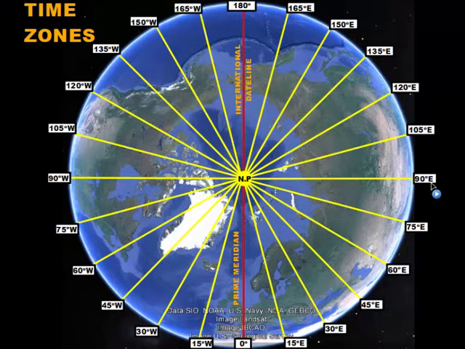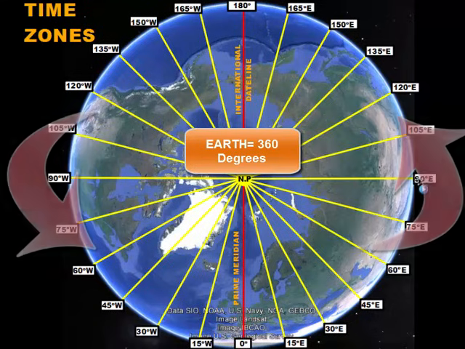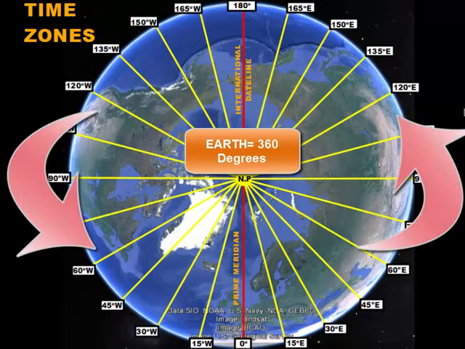Now, the reason why a time zone is worth 15 degrees of longitudinal distance is because scientists took the total angular measurement of Earth, which is 360 degrees because a sphere is 360 degrees, and they took the amount of time it takes the Earth to rotate, or spin, one complete time.